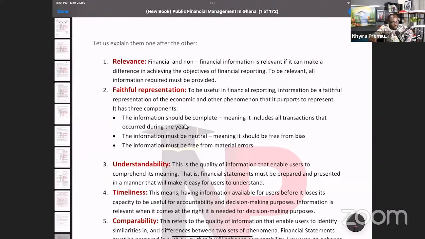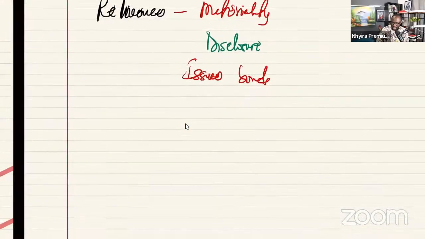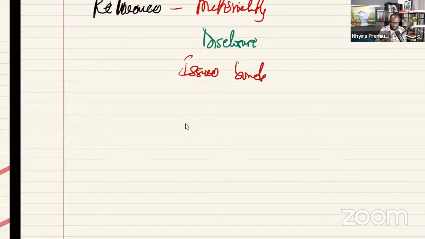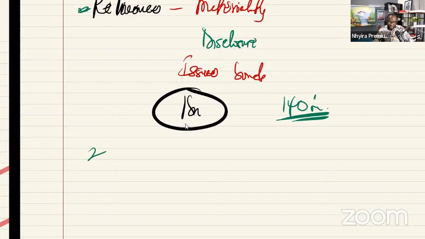So for instance, if government receives, let's say, 1 billion from IMF, and government comes and says, oh, we received 140 million from IMF, what the heck is that? You're lying to us. That is against faithful representation, because government is not disclosing all material information at the end of the day.